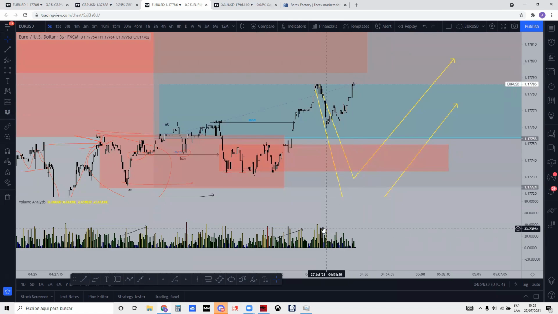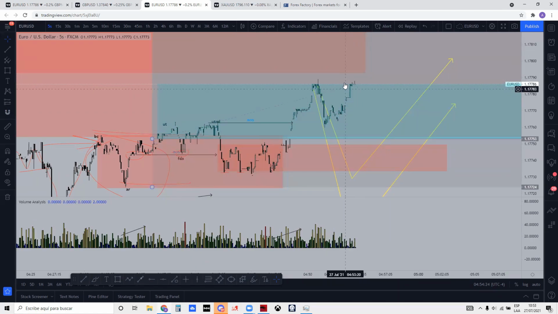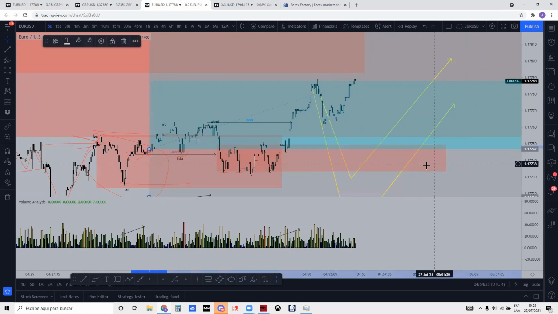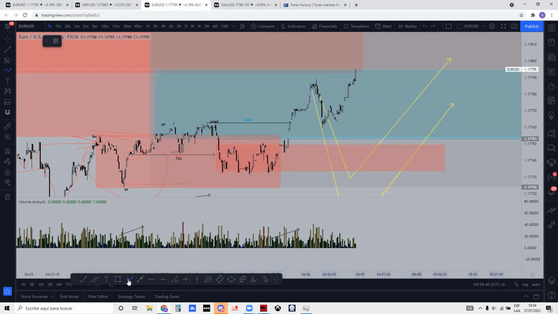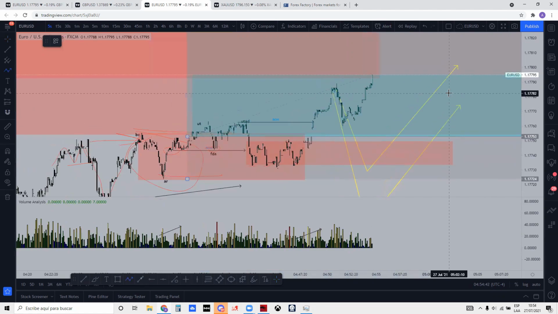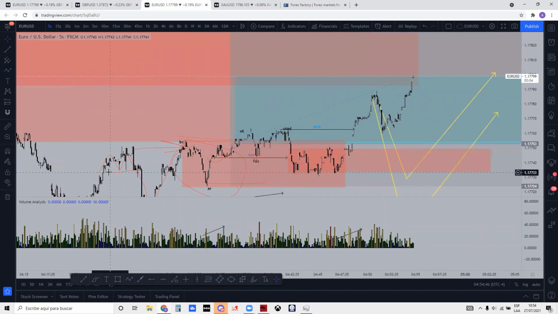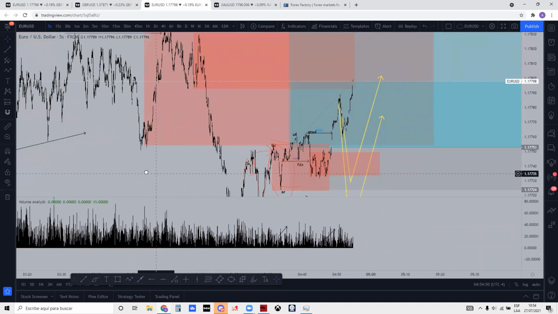For now, volume is decreasing. Let's see, maybe we have a high volume candle here. Yes, but overall volume is decreasing, which I don't like at all. So we might expect a potential move down. Anyways, let's see, where does this long take us?